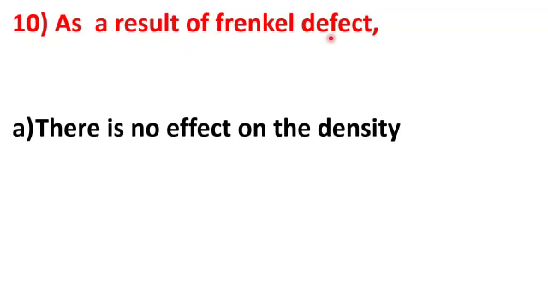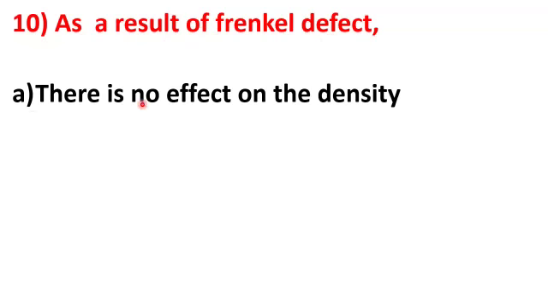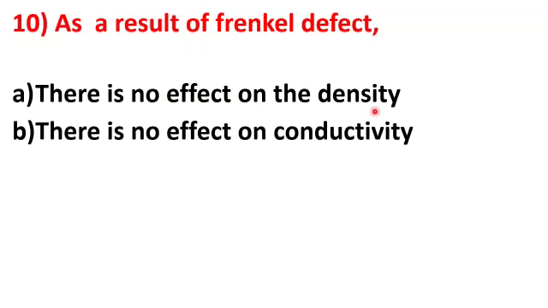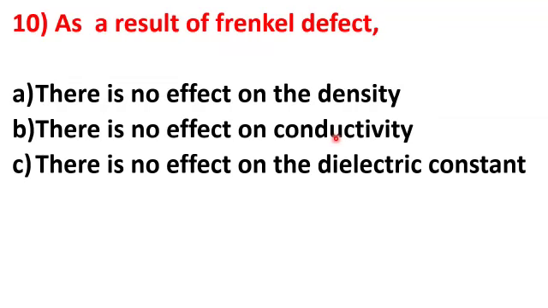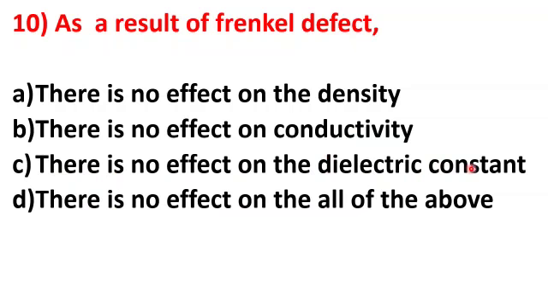Number 10. As a result of Frenkel defect, option A, there is no effect on the density. Option B, there is no effect on conductivity. Option C, there is no effect on dielectric constant. And option D, there is no effect on all of the above.